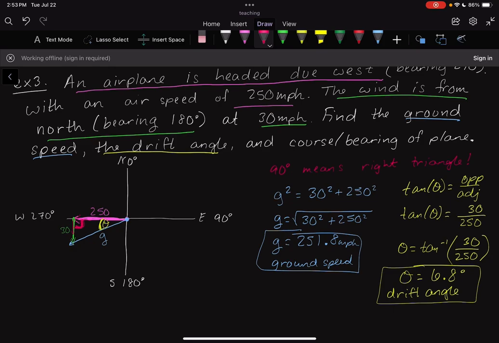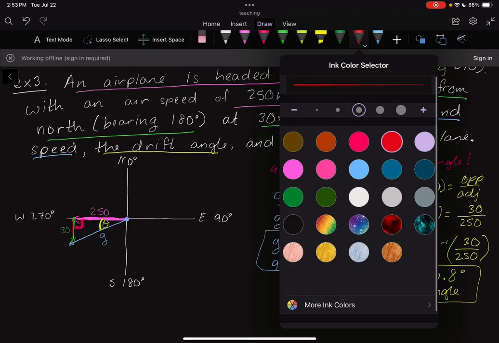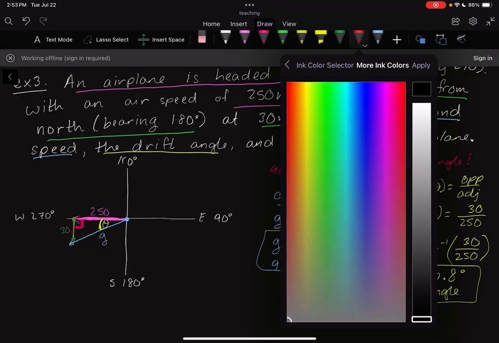Now the last thing I need to go get, let's see if I have another color I can use. I don't have an orange on here. Let's go get an orange. That's an ugly orange.